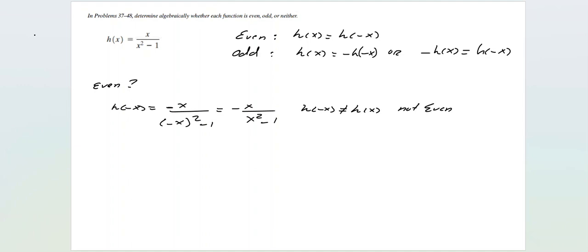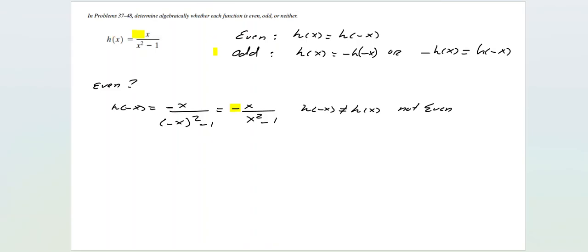Why are they not equal? Well, because this function has this negative sign that is not in the original function h of x. So we see how h of minus x is not the same as h of x, right? Because h of minus x has a negative sign that h of x doesn't have.